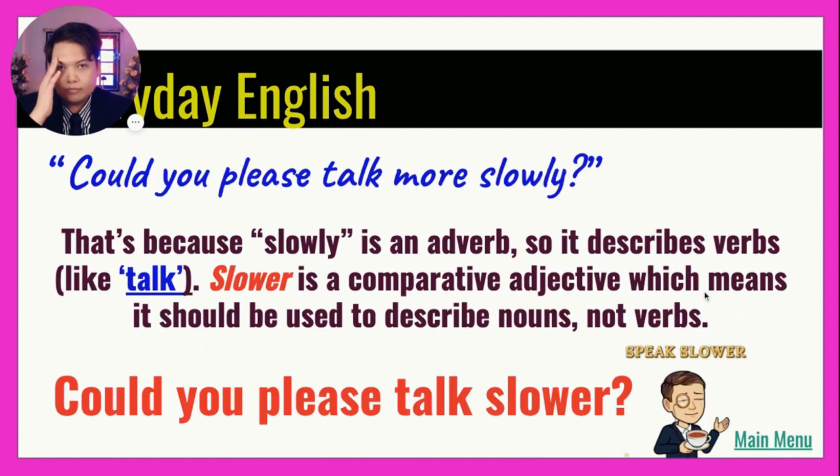It's because slowly is an adverb, so it describes verbs like talk. Slower is a comparative adjective, which means it should be used to describe nouns, not verbs.